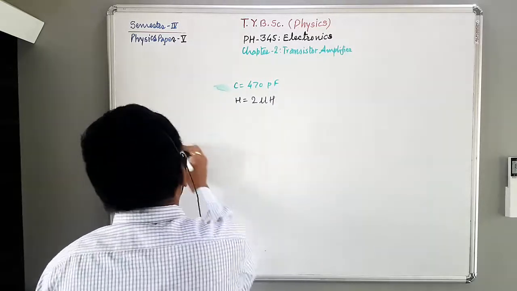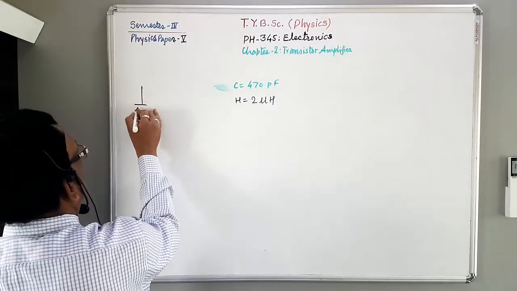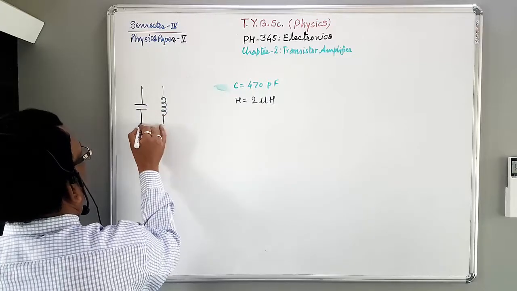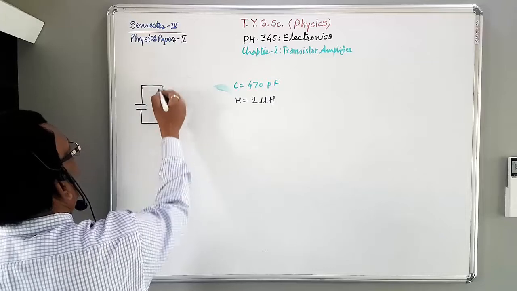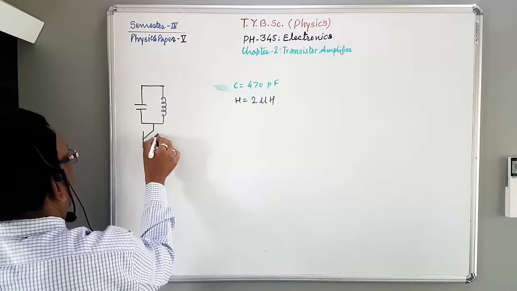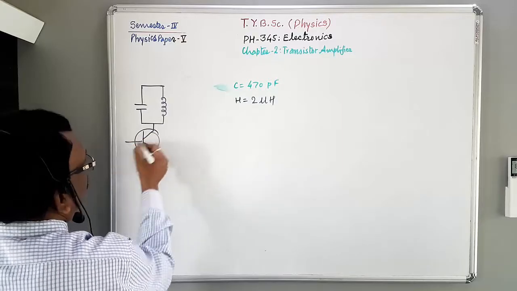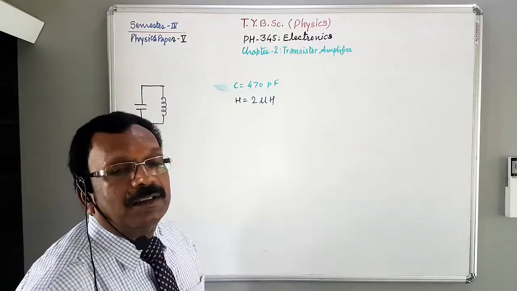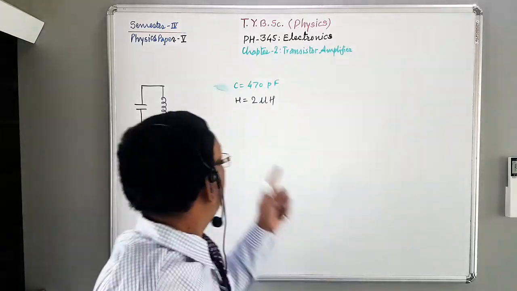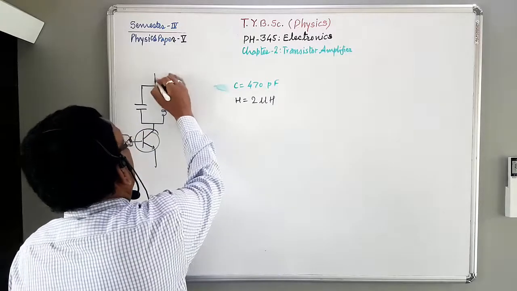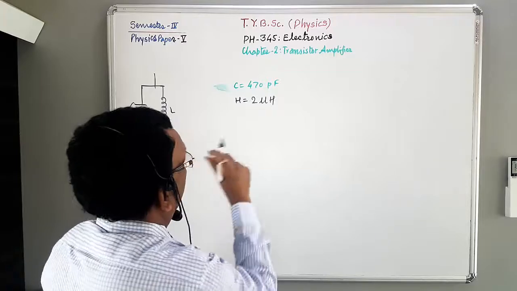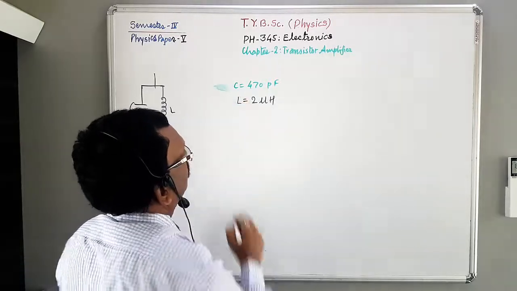Suppose this is a tank circuit, looking like this, and this tank circuit is using class C operation, or this is also called a resonating circuit. Here the value of C and the value of L is given. This is the inductance value.